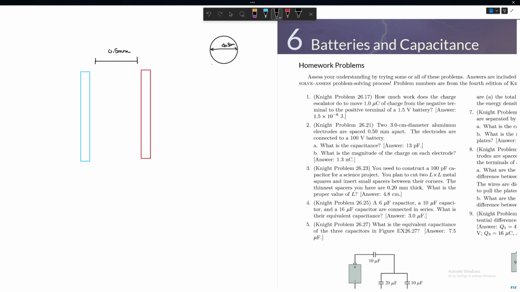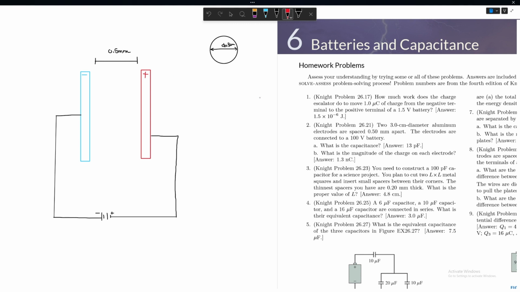All right. Now saying the electrodes are connected to a 100-volt battery. So these are connected to a 100. This is a battery symbol. Oops. They're connected something like this. All right. Where you have a positive, well, this would be a negative according to my thing. And so this will be negative. This will be positively charged.